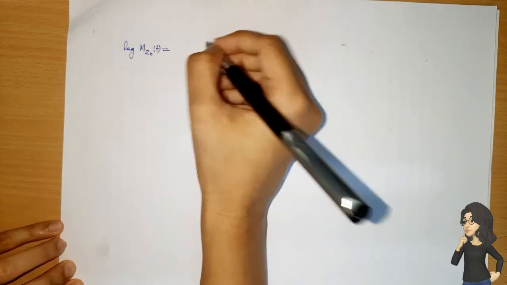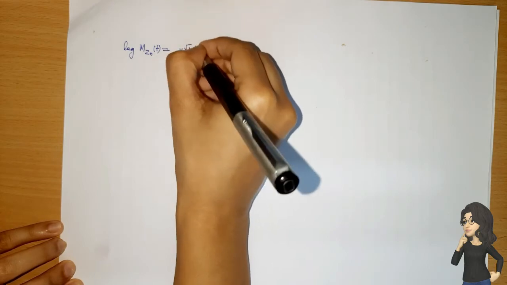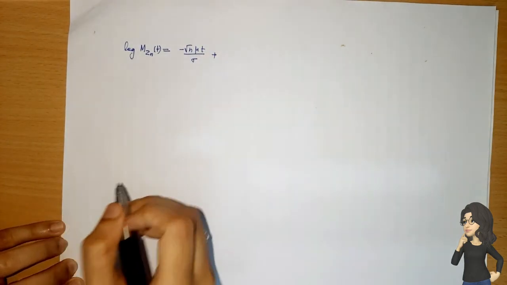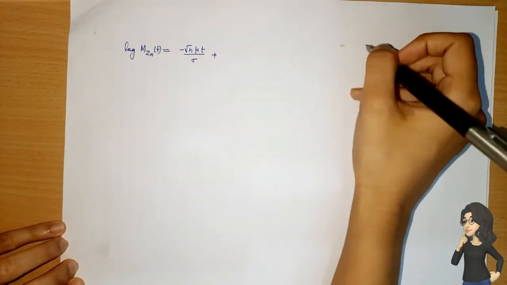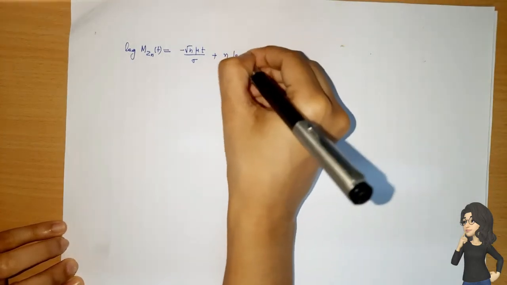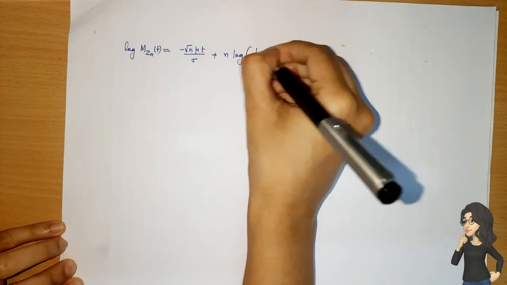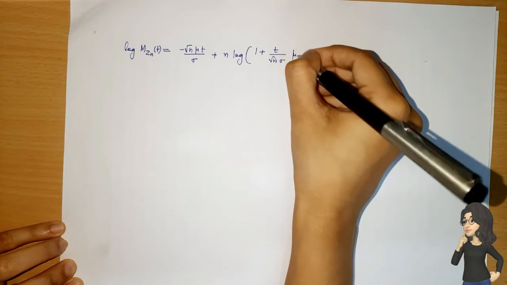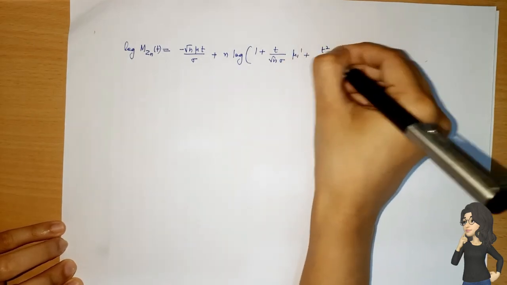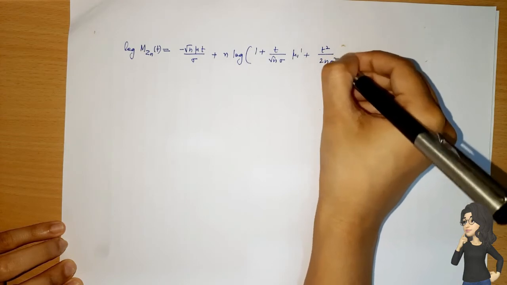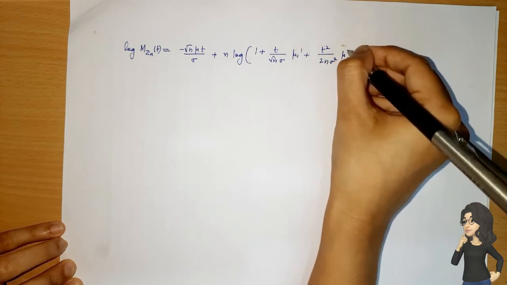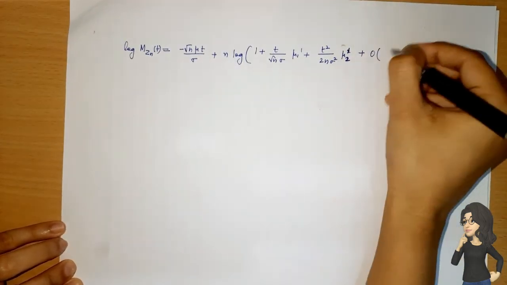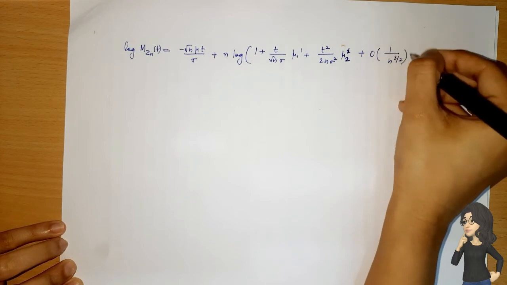So the logarithm of that will be minus root n mu t by sigma plus, that term was in brackets raised to n, so it will be n log of 1 plus t by root n sigma mu 1 dash plus t square divided by 2n sigma square mu 2 dash plus O of 1 by n raised to 3 by 2.